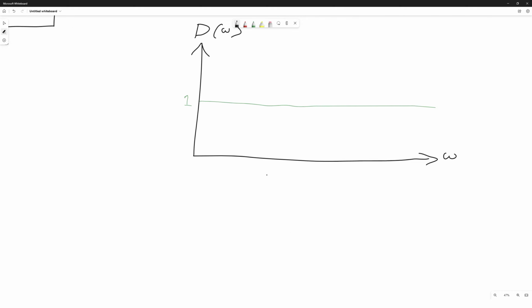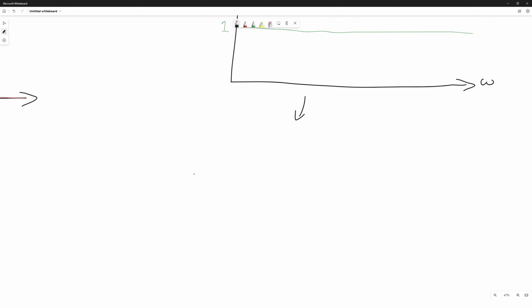However, this is something that's actually very useful to us because we deal with systems, right? But we don't normally deal with them in the time domain because it gets a bit complicated, but we deal with them in the frequency domain. So we have an input of x of omega, let's say, x of omega, and we have an output y of omega.